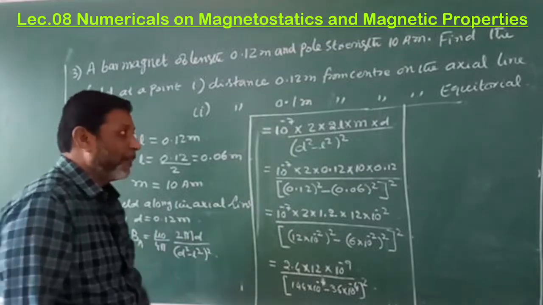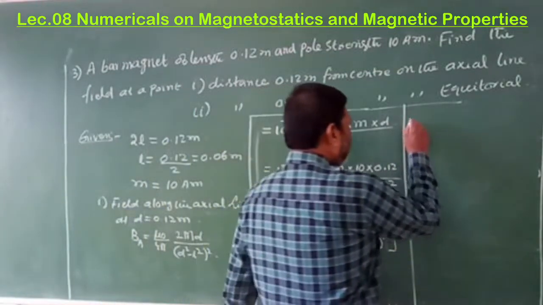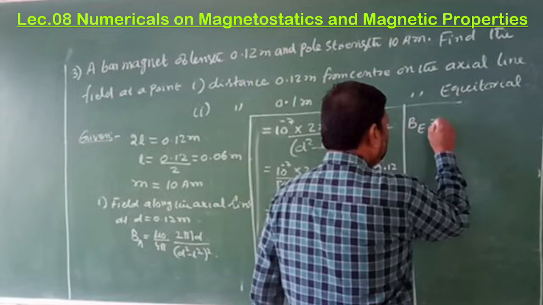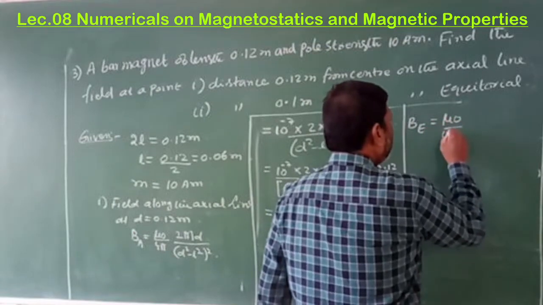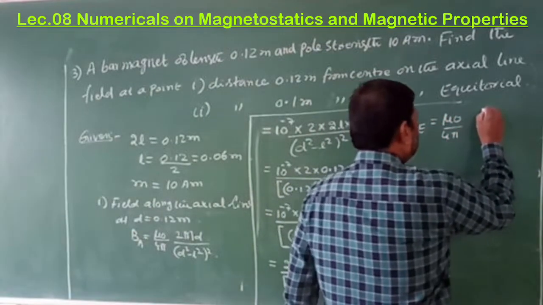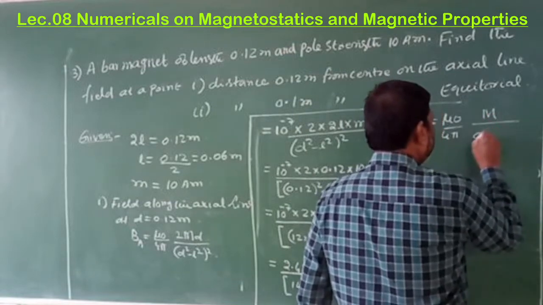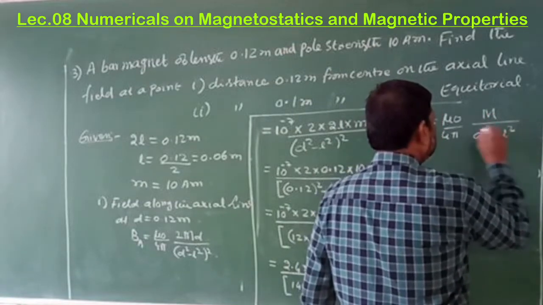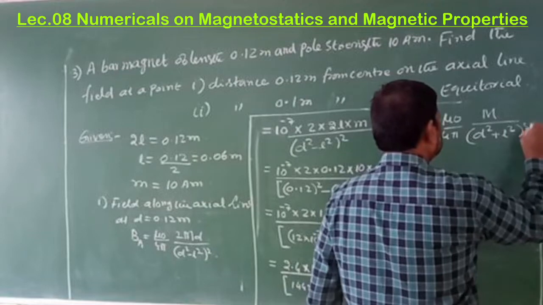Next, the field along the equatorial line is equal to mu naught divided by 4 pi into m divided by (d square plus L square) whole raised to 3 by 2.